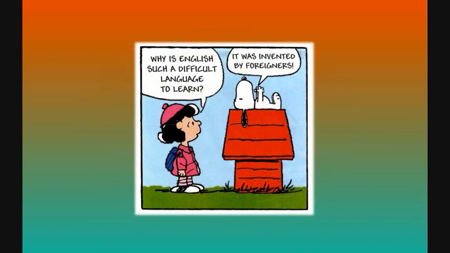The girl in the Snoopy cartoon is asking, why is English such a difficult language to learn? And Snoopy is replying, it was invented by foreigners. He's only half right. The English language is indeed based on the German, Anglo-Saxon language of 1,000 years ago.